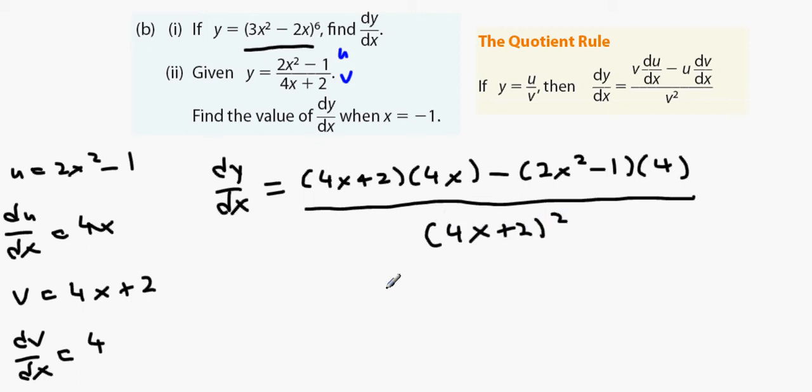Now, what we're going to do here is we're going to multiply these out. So 4x by 4x is 16x squared. 2 by 4x is plus 8x. Now, what I'd like to do here is we can bring the 4 over here, forward a little, okay? So this might make it a bit easier to multiply that.